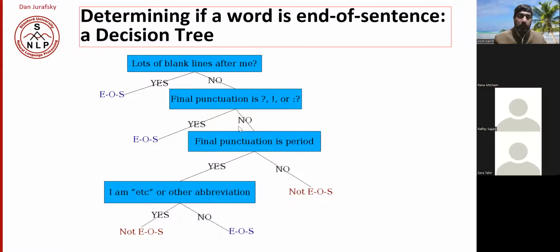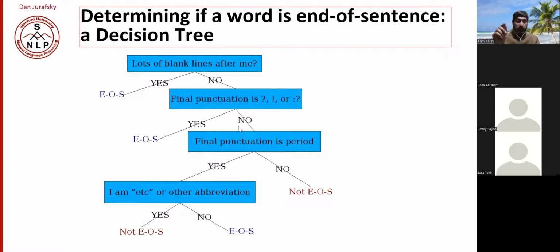If it is a period, then you need to further check whether this period is part of some other sequence of words. For example, if the period is part of a number or part of an acronym, then it may not be an end of sentence. But if it is not, then it's an end of sentence. So from this simple set of rules, you notice that it's still not always 100% possible to detect the end of a sentence by some set of rules.